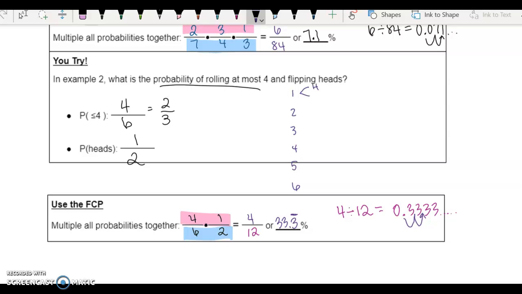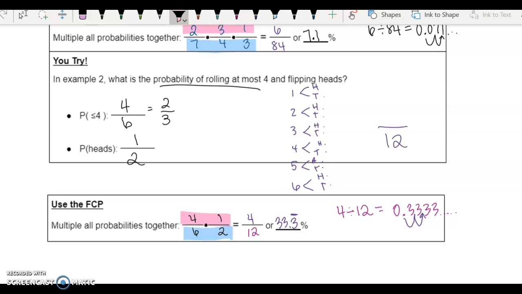So I can have heads or tails and roll a 1, heads or tails and roll a 2, heads or tails and roll a 3, heads or tails and roll a 4, heads or tails and roll a 5, and then I have heads or tails and roll a 6. So if you count these off to the side, we have 12 possible outcomes.